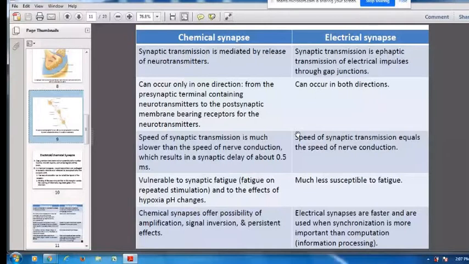Is this slide being seen? Can you see anything? No, ma'am. Okay.